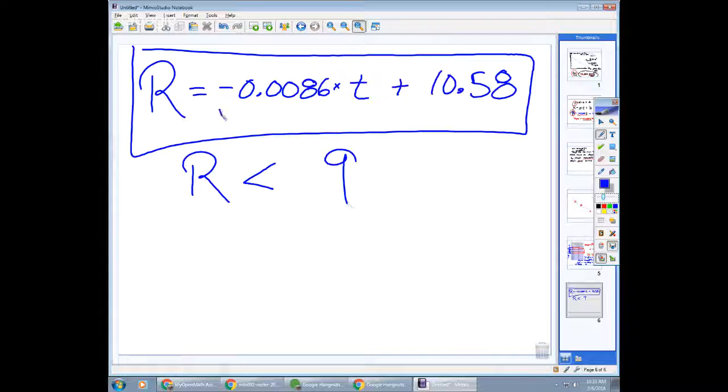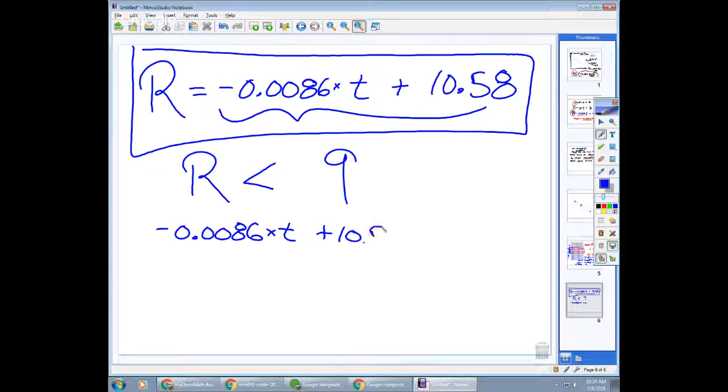The record can be calculated by using that. So basically, I want to solve the inequality negative 0.0086 times t plus 10.58 less than 9. Remember we solved inequalities last term? It's almost the same as solving an equation. The first step is to subtract the 10.58 from each side.